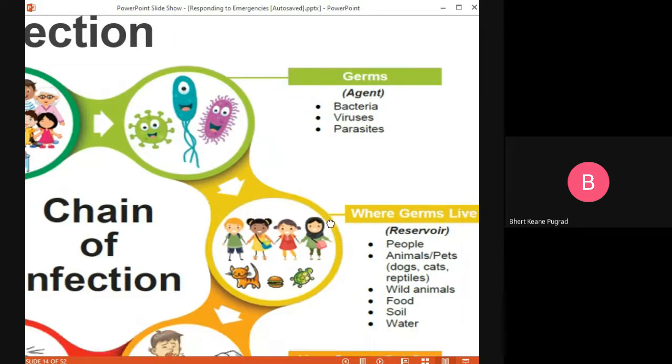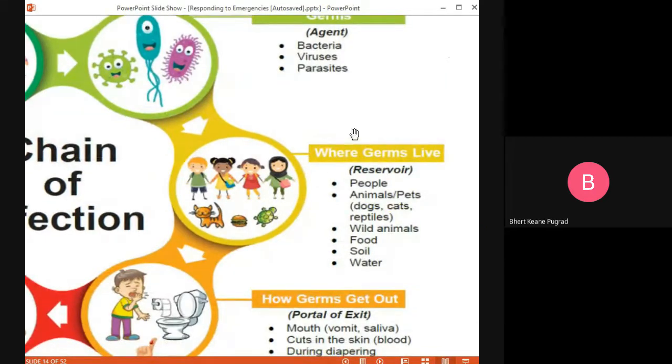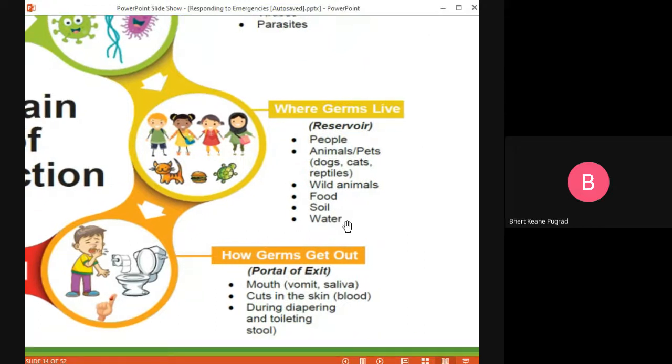Okay? Kapag ikaw ay madaling dapuan ng mga infectious agents, you will be a reservoir. Okay, when we say reservoir, kumbaga nasa katawan mo na yung infection, at yung mga infectious agents na yon nagpaparami sa katawan natin. Okay? Tawag natin doon reservoir. Aside from human beings being reservoir, pwede rin naman ang mga animals, ang mga pet, ang mga wild animals like for example, yung pagkain natin ng mga exotic foods.